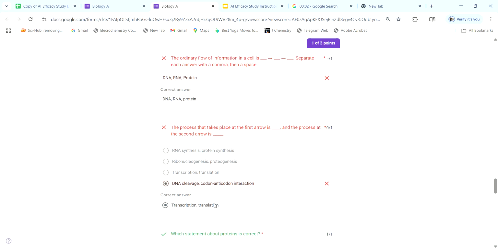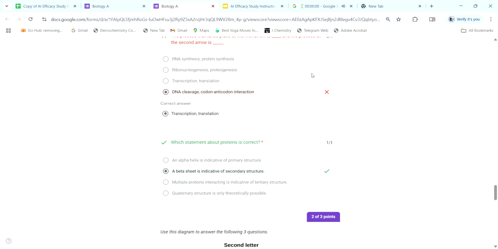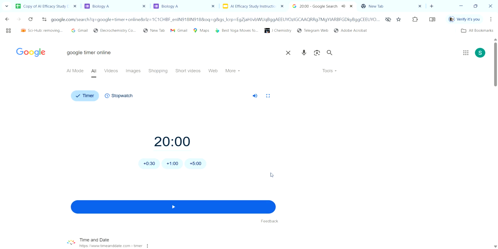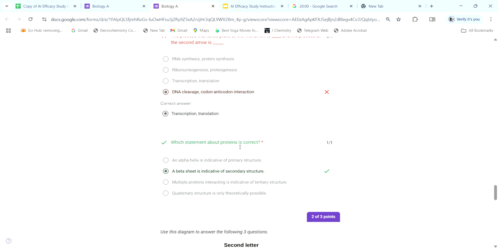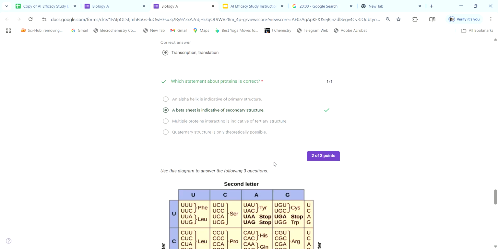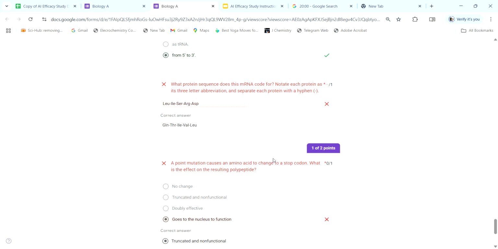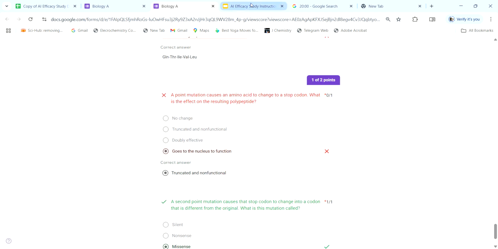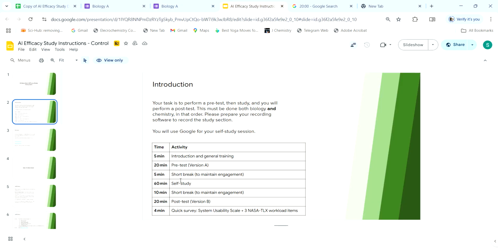Okay, so I will stop here for the pretest part as the timer completes. Now I will move to the second part, that is a short break for 5 minutes and then start the self study.